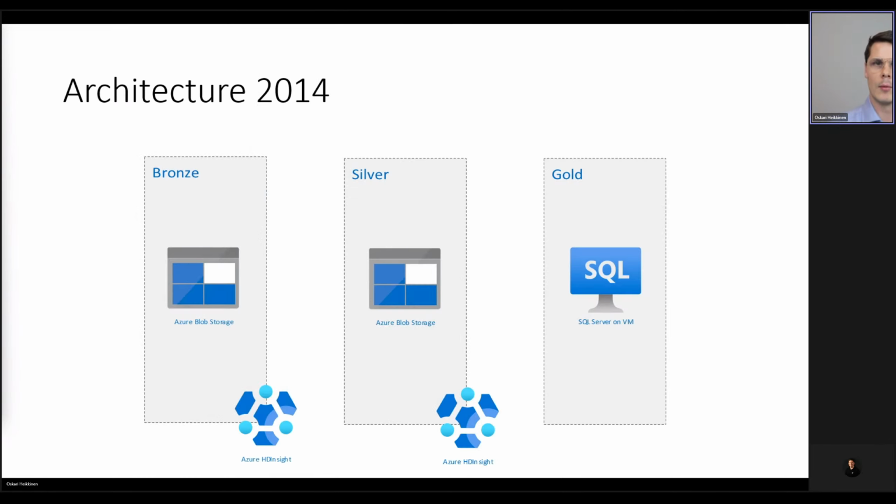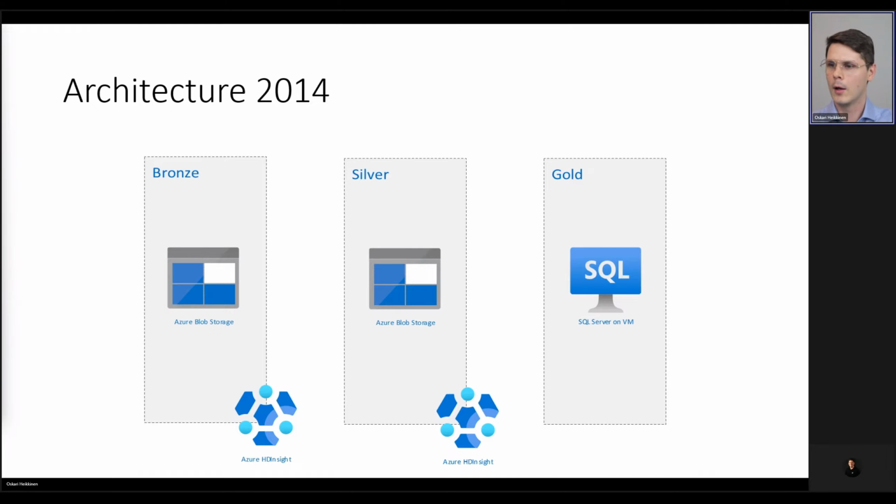But when it comes to the fundamental changes in the cloud services themselves, this was more or less the architecture back in 2014. The blob storage was the place to store your raw data, and the idea there was that first we have the raw area, raw zone, sometimes called bronze, and then we have silver, cleansed data in a structured format, and then on the gold layer we have the data warehouses and data marts and so on.